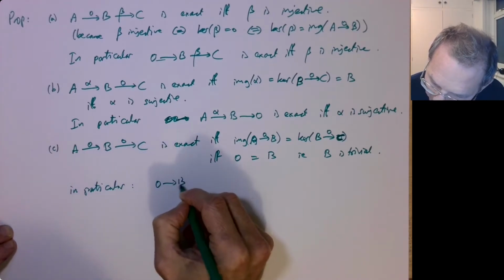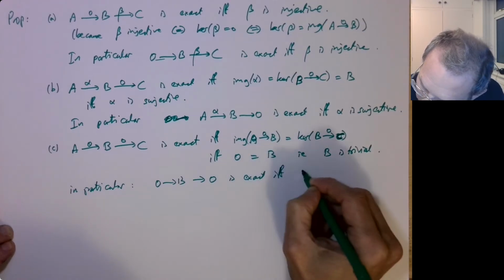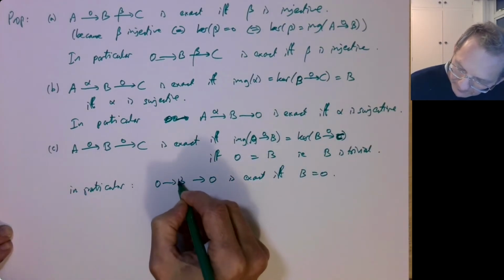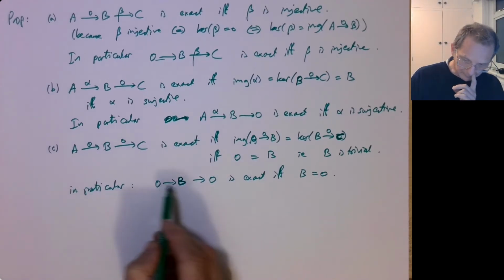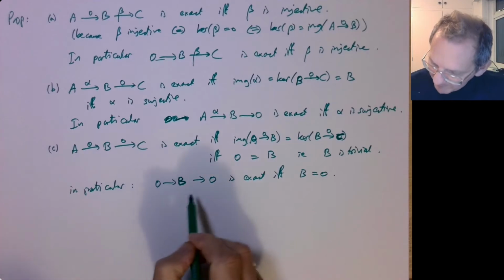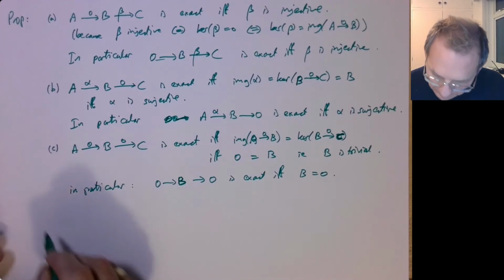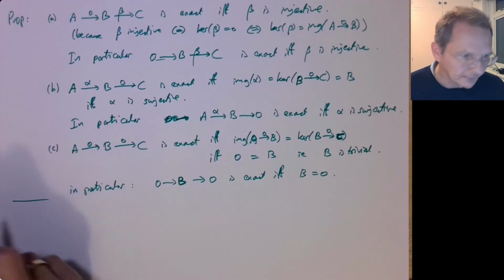So if you had an exact sequence like this with both outer groups being 0, the only way it can be exact is if B is the trivial group.